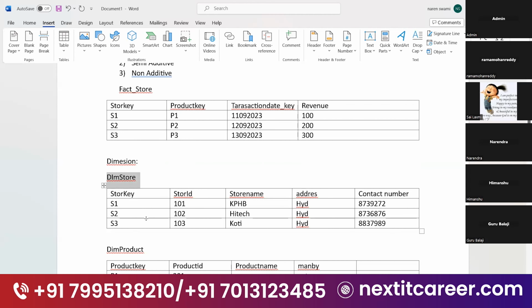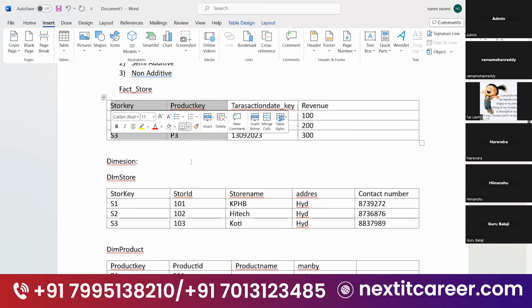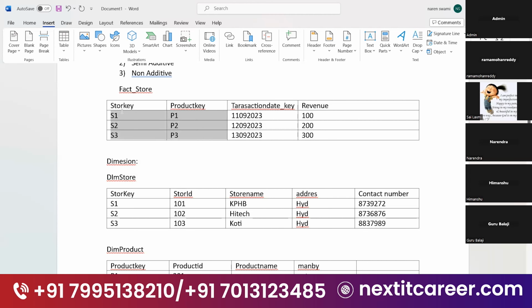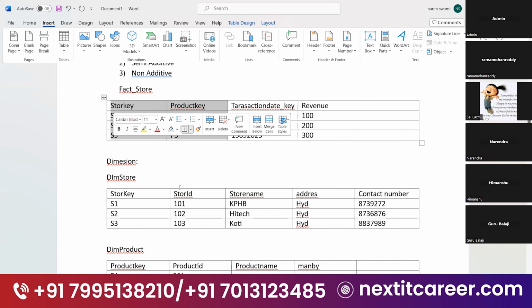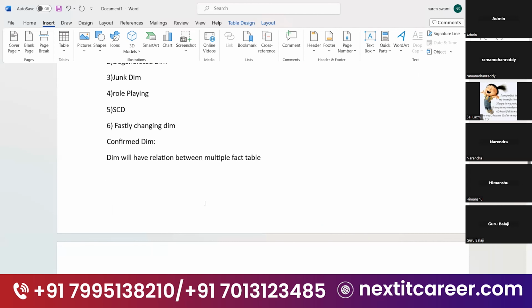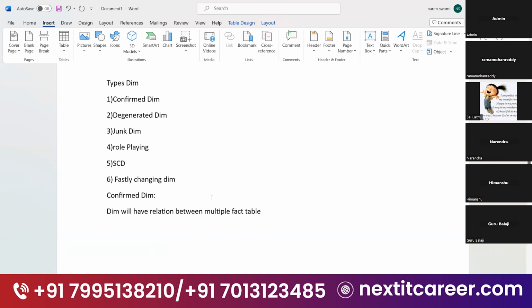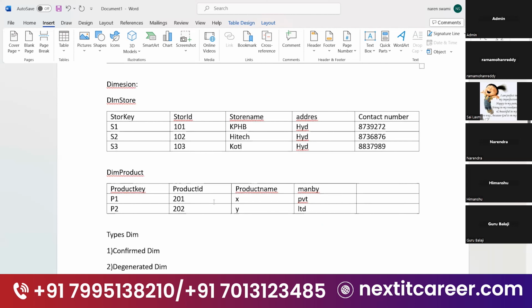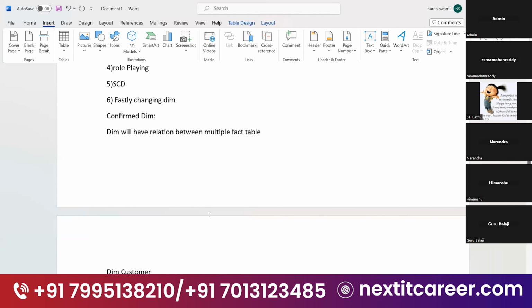Like this, if there are 100 dimension tables, you have to join the 100 dimension tables with the fact table.